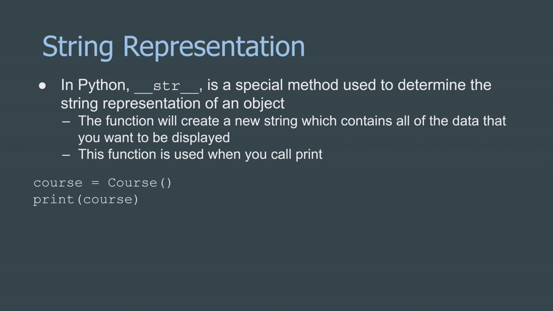Another built-in function, and this is common for all built-ins, so you've got to get used to the dunder syntax, is dunder str. The dunder str function is used whenever we call the str function on an object. We've done this before.